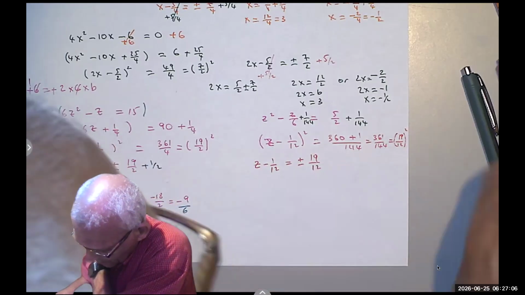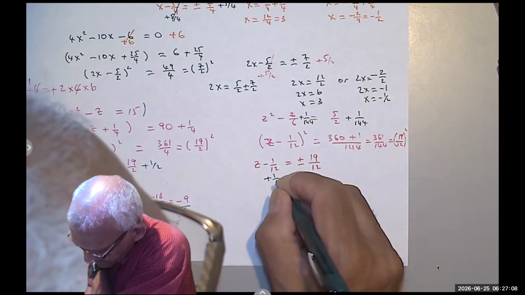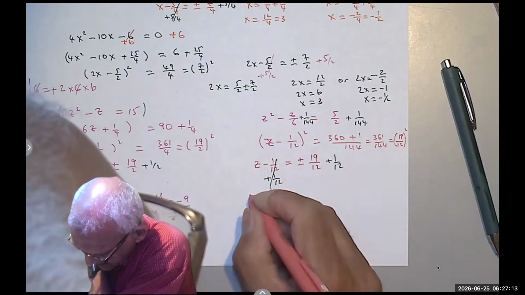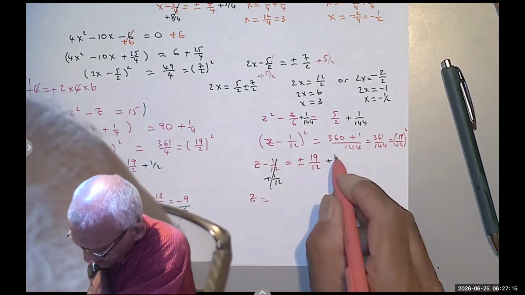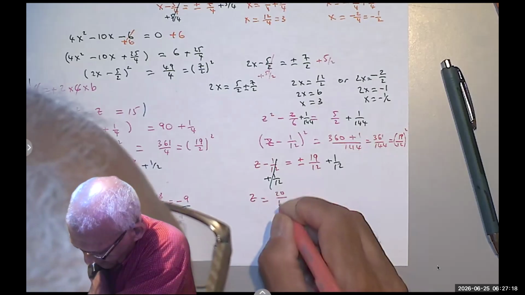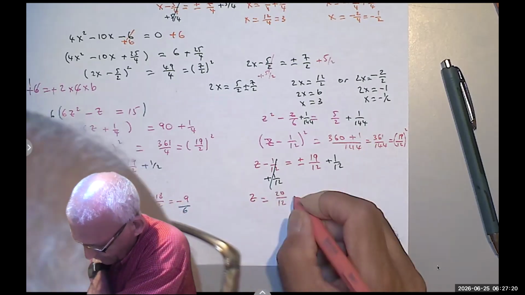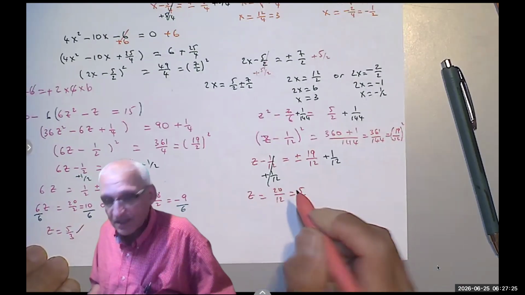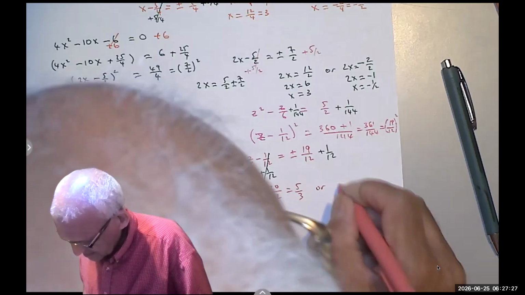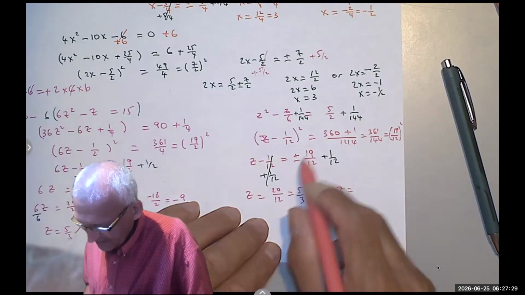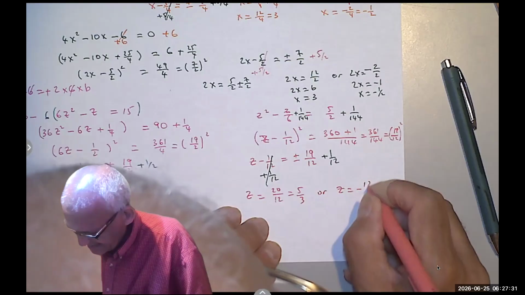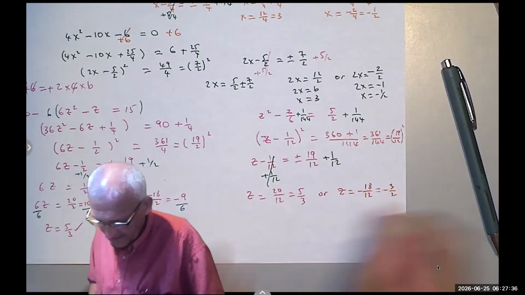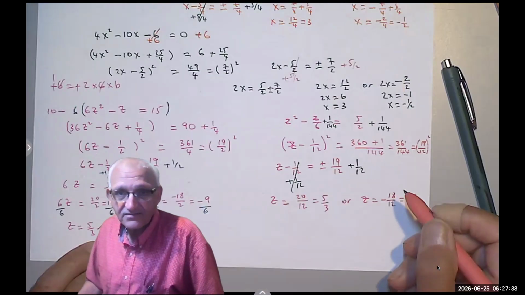So I add 1 over 12 to both sides. I get either z equals 19 plus 1 is 20 over 12. Simplifying by 4 top and bottom, I get 5/3. Or z equals negative 19 plus 1 is negative 18 over 12. Dividing by 6 top and bottom, I get negative 3/2.